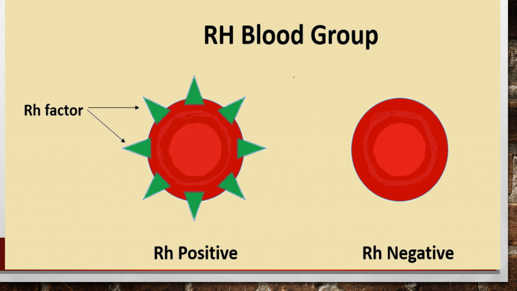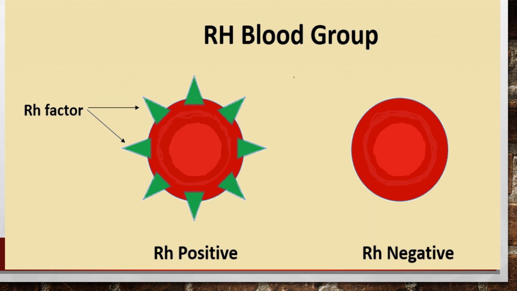It was discovered in the rhesus monkey, that is why the name RH. They have taken this RH from rhesus. About 85% have the RH factor, so they are said to be RH positive, whereas 15% do not have the RH factor, so they are called RH negative.